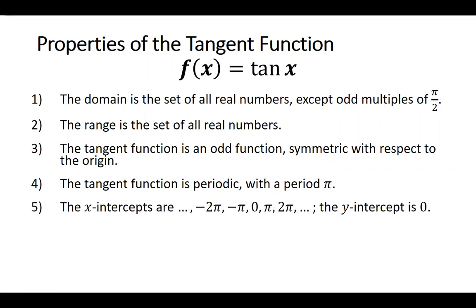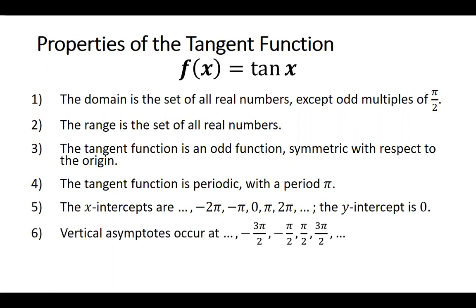The x-intercepts are negative 2 pi, negative pi, 0, pi, 2 pi, and every pi before and after that. The y-intercept is 0. Vertical asymptotes occur at negative 3 pi over 2, negative pi over 2, pi over 2, 3 pi over 2, right? So cycling through there.